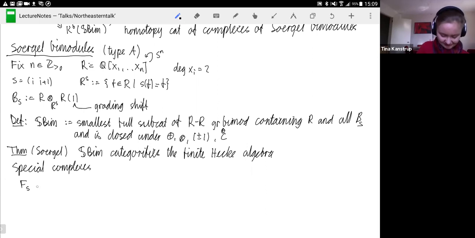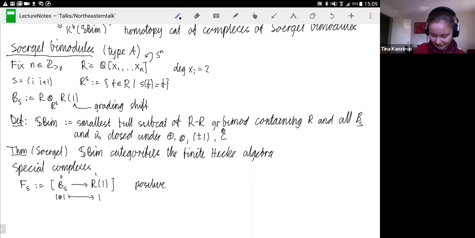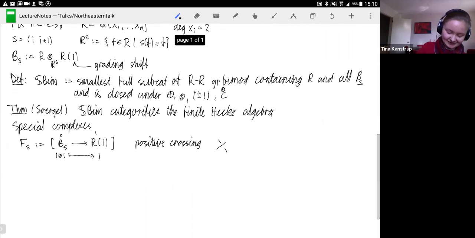So I'll name the first one F_s. It has my B_s in degree 0 and R shifted by 1 in degree 1. And the map, well, this is a bimodule map, so it's determined by taking the identity to the identity. So this corresponds to a positive crossing. This is going to be my dictionary between Soergel bimodules and diagrams of links.